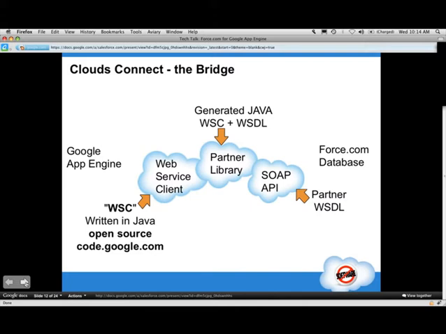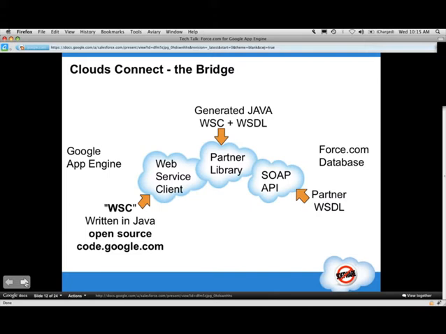So the web service client is written in Java and it runs on Google App Engine, and it provides two of the key pieces. We'll talk a little bit about that in a minute. It also generates the partner library. And the partner library, if you're familiar with the Salesforce API, then you may have used the partner library before. It allows you to communicate with all of the objects and methods that are exposed by the Force.com SOAP API.